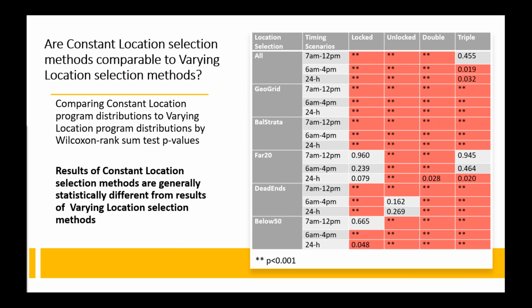Then we also did a quick comparison of what happens if we compare constant locations with varying locations. And as you can see, there's a lot of red on this table, and the conclusion from that is that the varying location selection method, which typically did a lot better, these constant location cases do not perform as well.